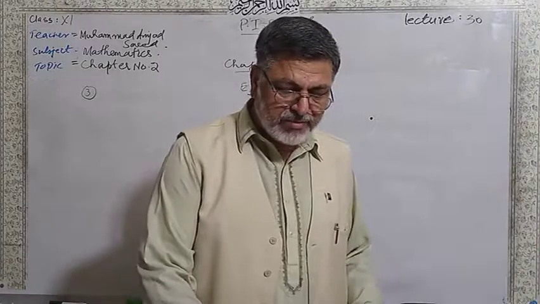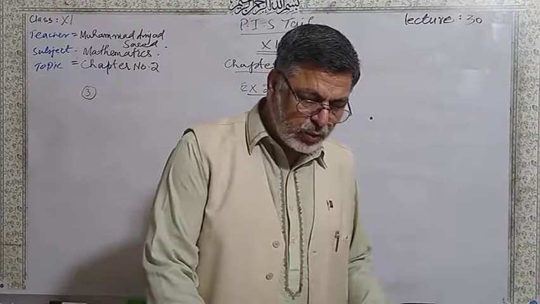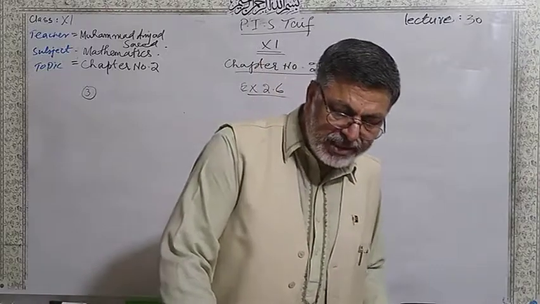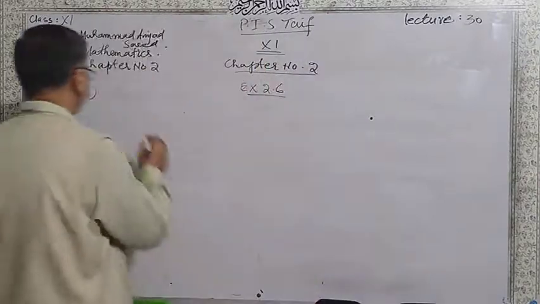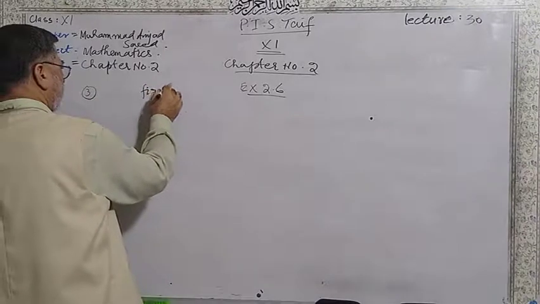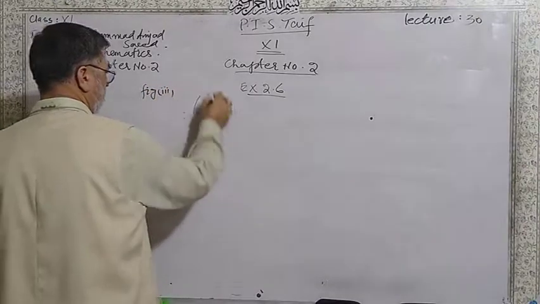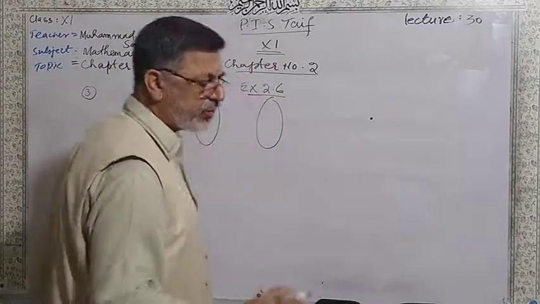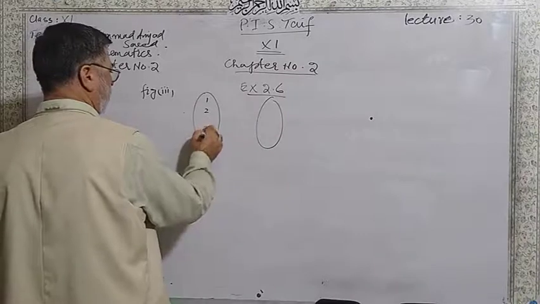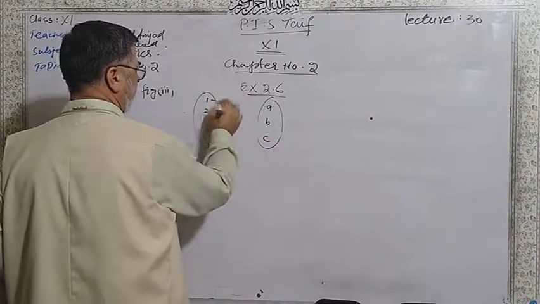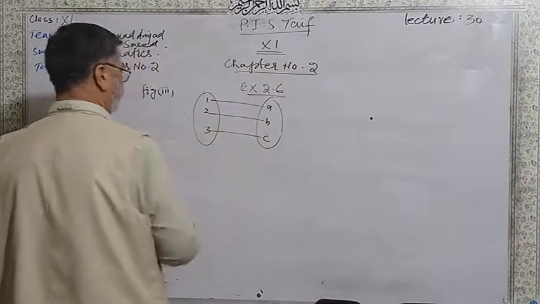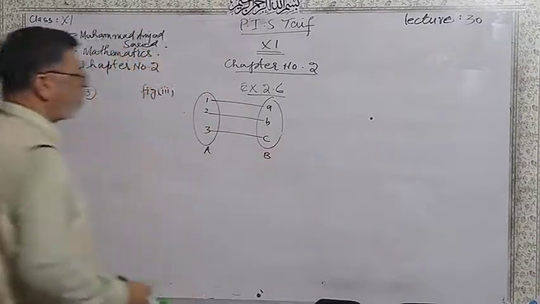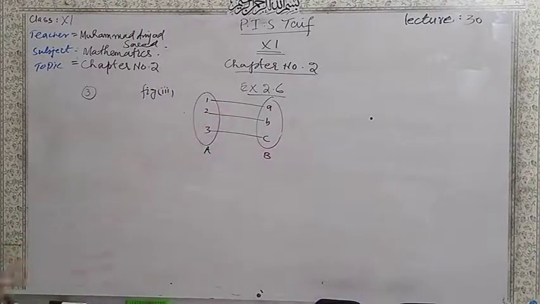Dear students, we have figure number 2 and figure number 3. They are exactly the same. So we can take figure number 3. Figure number 3 is 1, 2, 3, A, B, C. Suppose this set is A and this is B. I told you first of all you name these sets.